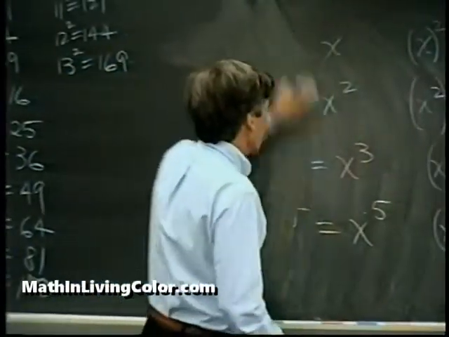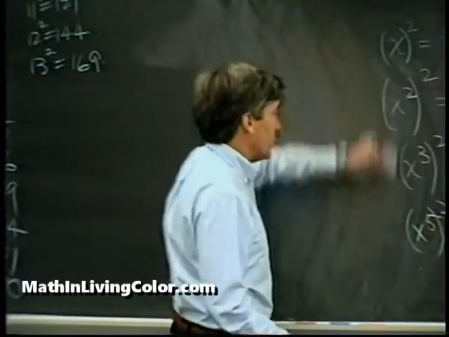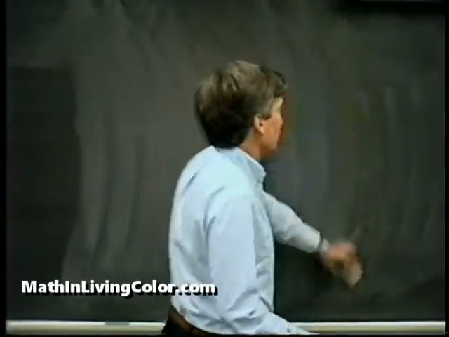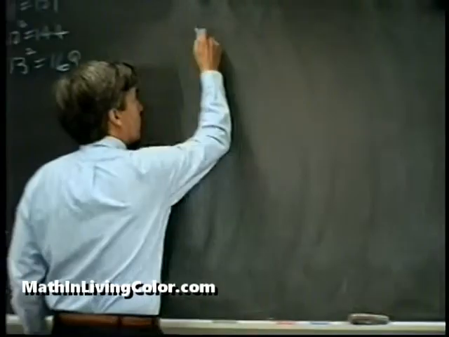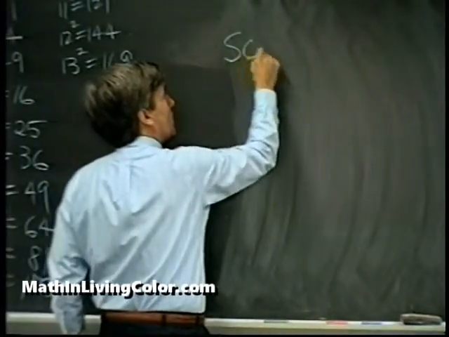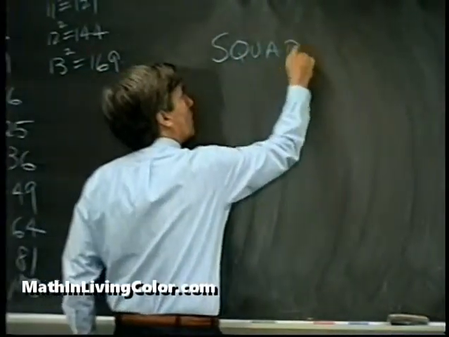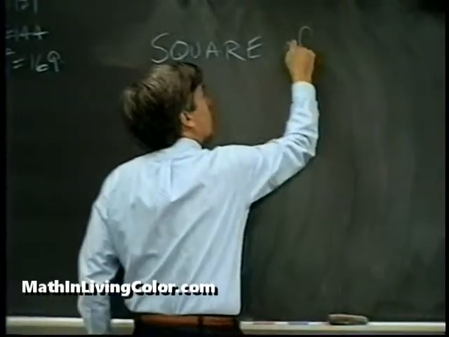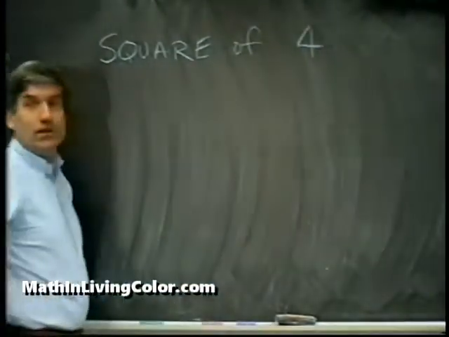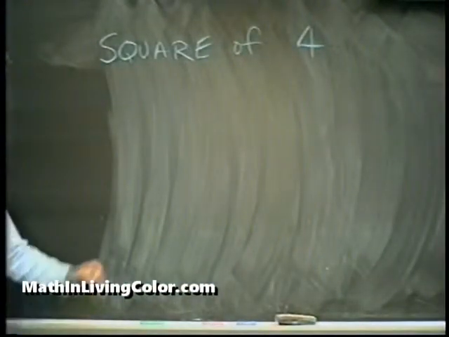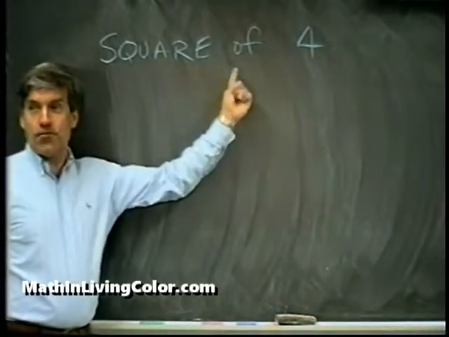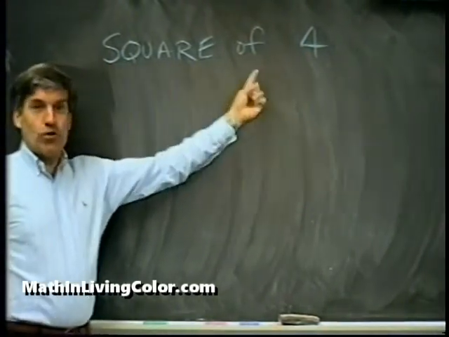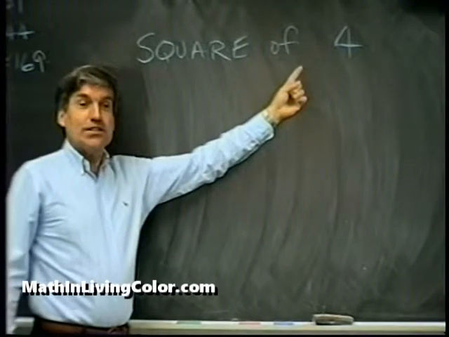If I asked you for the square of a number, now I want you to think and be very careful about this. I want you to give me the square of 4. The square of 4. Now I chose my wording very carefully here. The square of 4, what is it? 16, right?